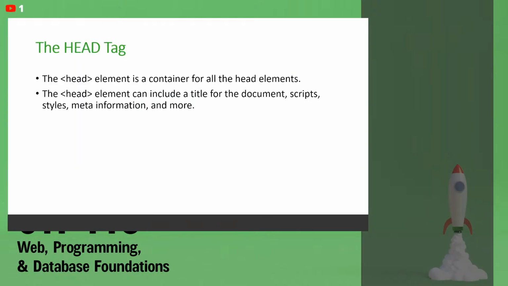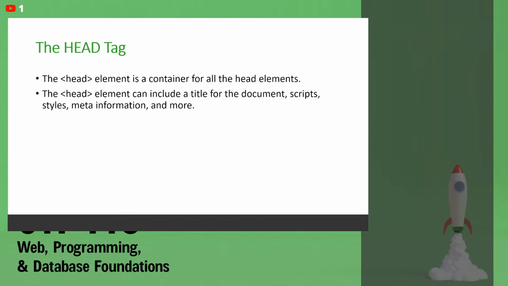The next tag is the head tag. The head element is a container for all of the head elements. Now that sounds kind of redundant, right? But there are certain things that we put in a head tag, and it's typically information that is not displayed on your website.